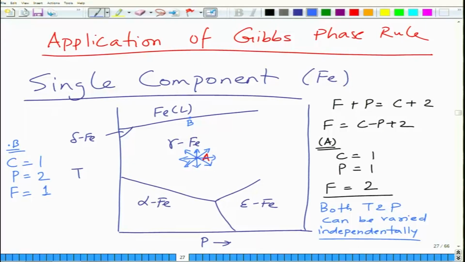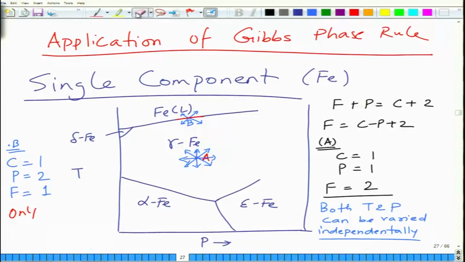So what it means is that if you look at B, the moment you vary both pressure and temperature, let's say in this direction, you immediately jump into single phase equilibrium. In order to be on this line, the moment you change the temperature, pressure is automatically fixed. So when you want to be on this line, the change in one variable leads to fixing of another variable. So if you change temperature, the pressure is fixed to maintain that two phase equilibrium, or if you change the pressure, the temperature is automatically adjusted to maintain the two phase equilibrium.